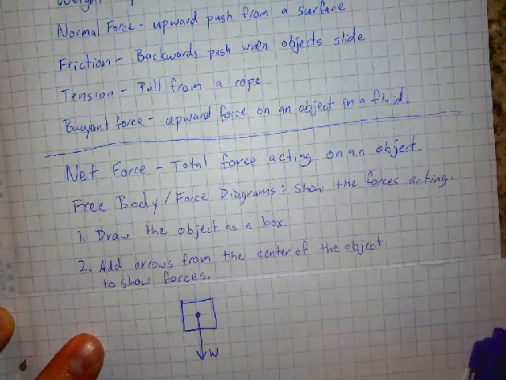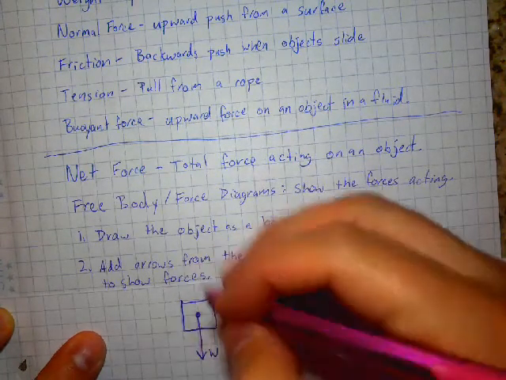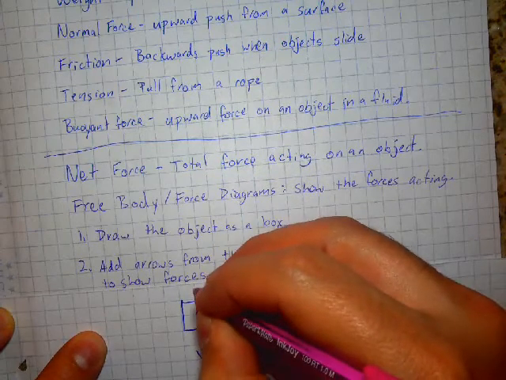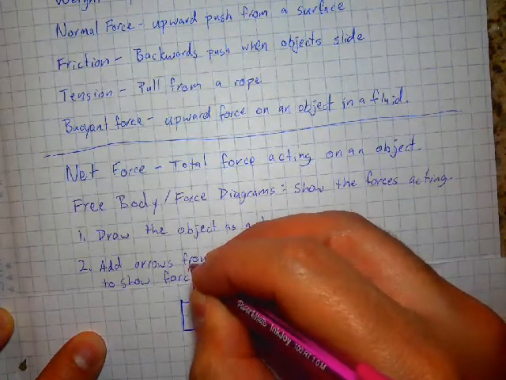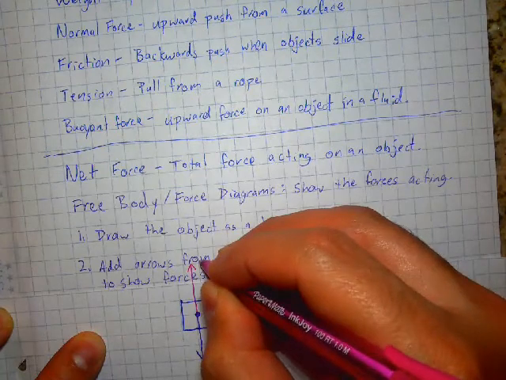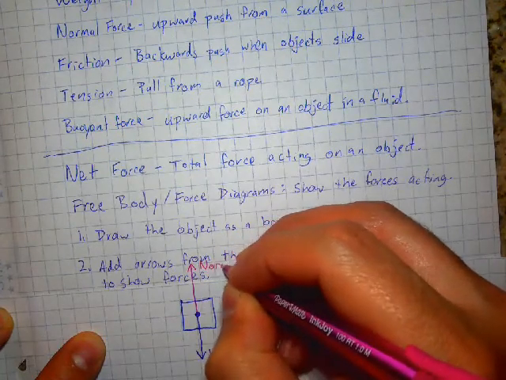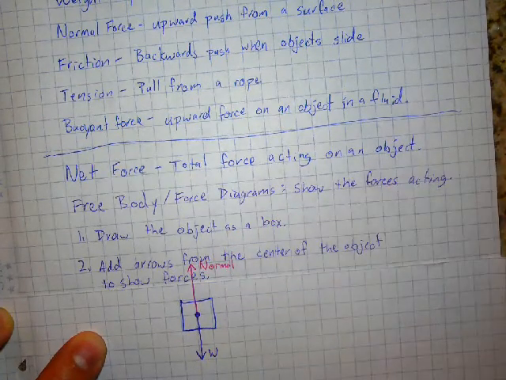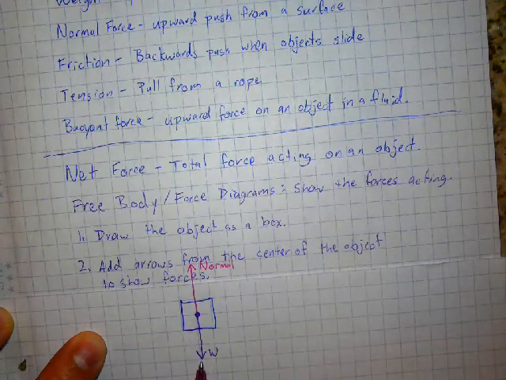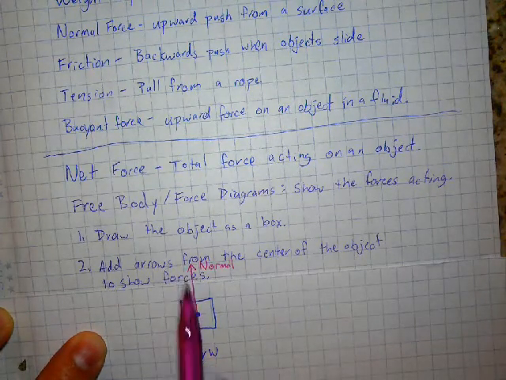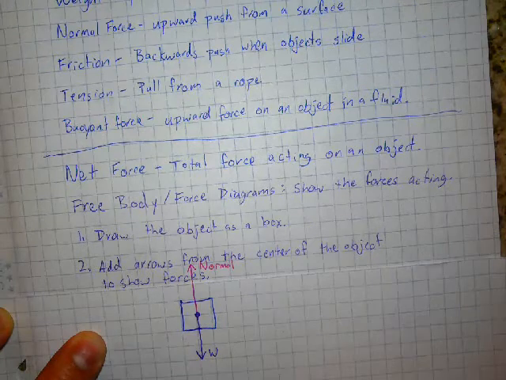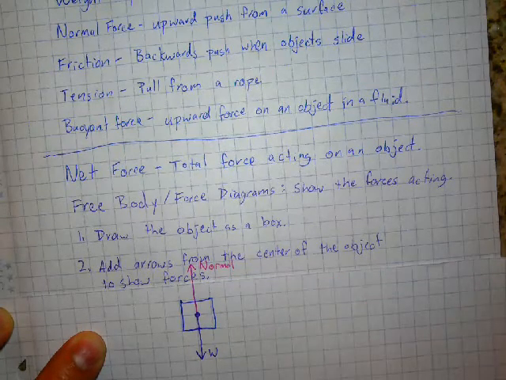No, I didn't. Who am I kidding? Anyways, then I've got the normal force from the surface of the chair acting up on me. Now, my weight and my normal force are equal and opposite because I'm not falling down through my chair. So the free body diagram would look something like that.